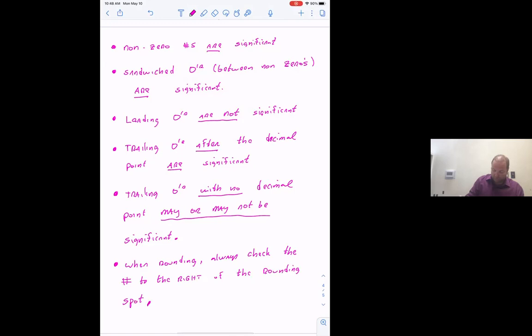Rounding spots, we'll put a semicolon here: 0 through 4, round down, and 5 through 9, round up.